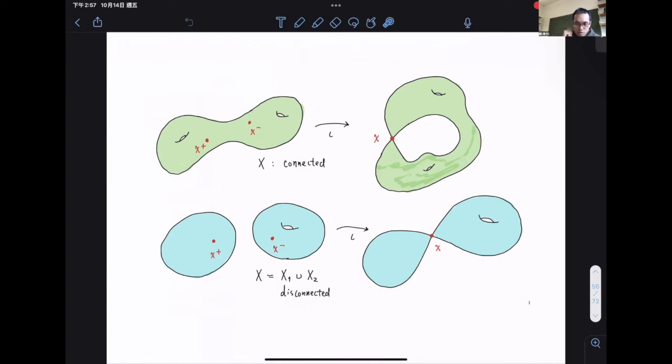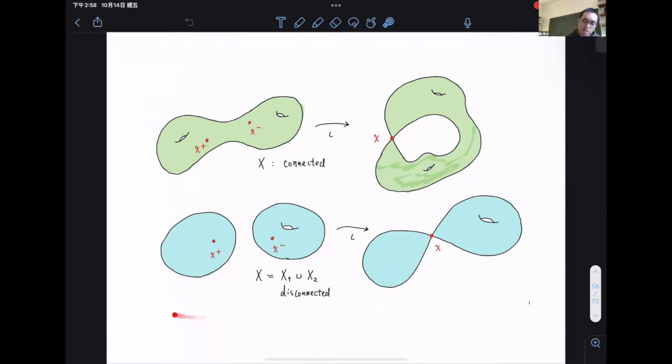I want to show you the kind of connectedness using a picture. We've got this first case, which is the good case where we don't need a balancing condition: we remove the immersed point and we get a connected X'. But we also have this disconnected case, where when we remove the immersed point, we get a disconnected X'.